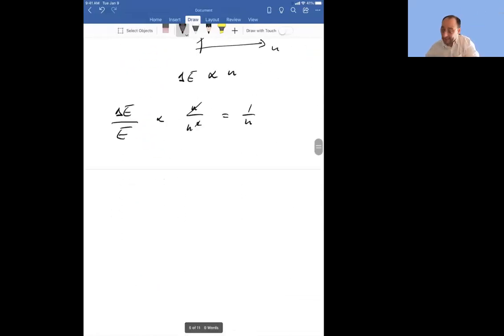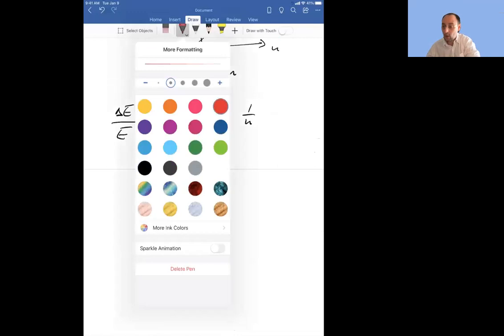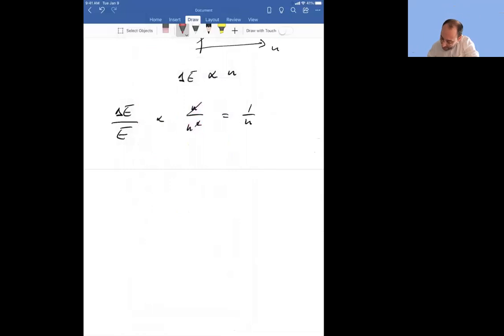And so if I look at an extremely excited state, like n equals 1,000, way out there, if I extend this ladder to 1,000 and zoom out, the energy spectrum looks essentially continuum. That's what this is telling me.